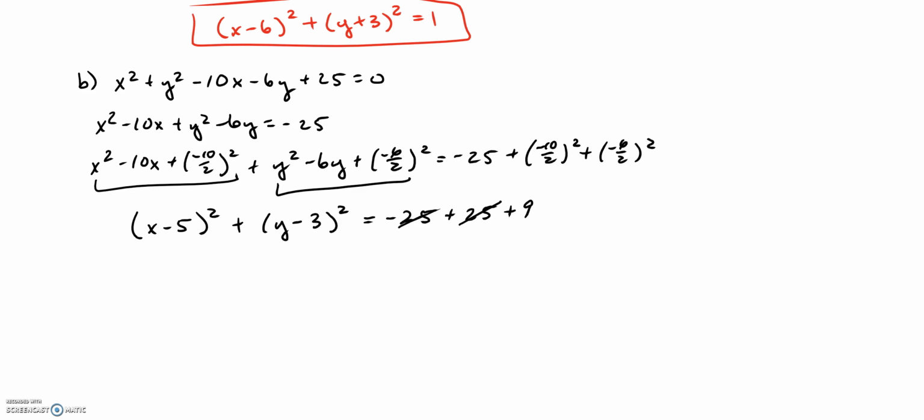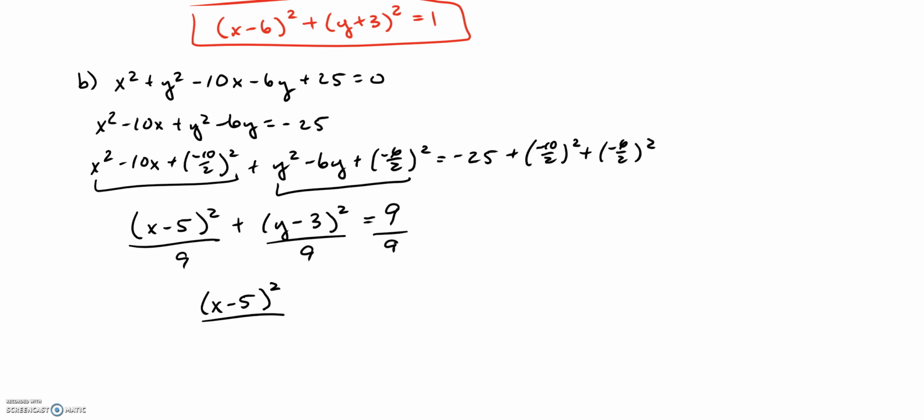Actually, I'll go ahead and do that. We just have a 9. Divide everything by 9. So (x minus 5) squared over 9 plus (y minus 3) squared over 9 equal to 1.